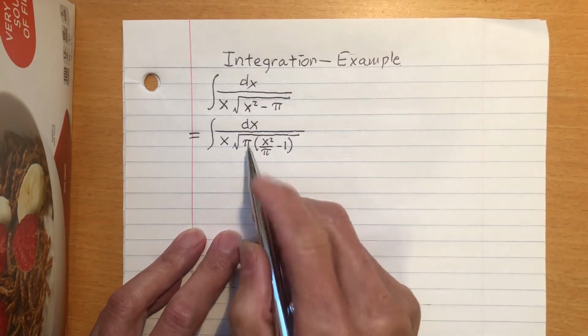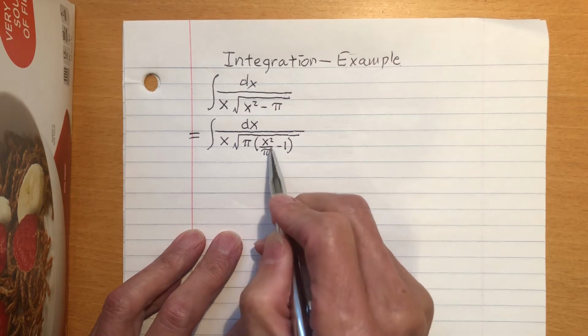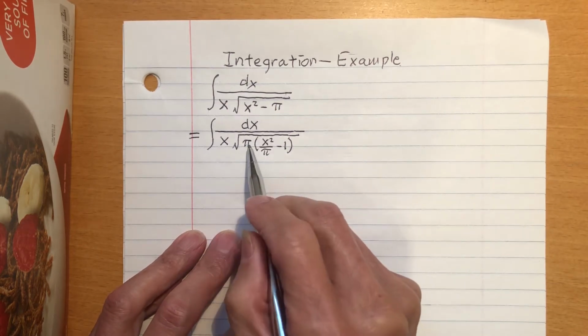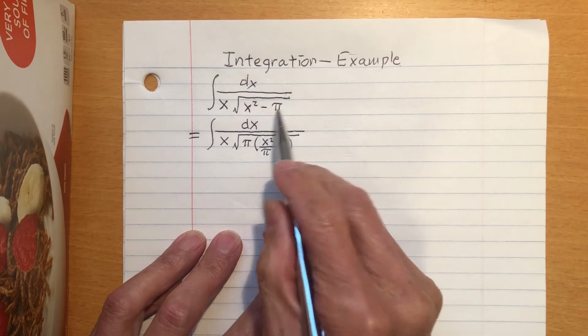So you can double check. Pi multiplied by this gives you x squared. Pi multiplied by -1 gives you negative pi.